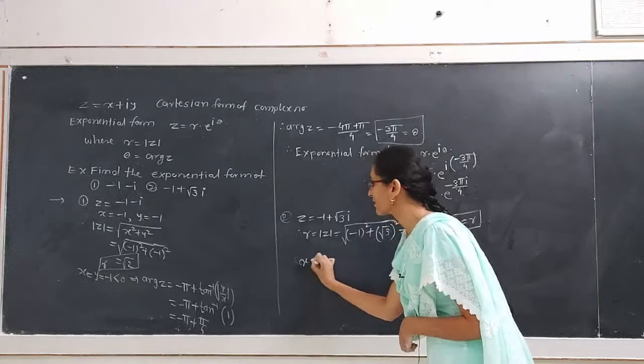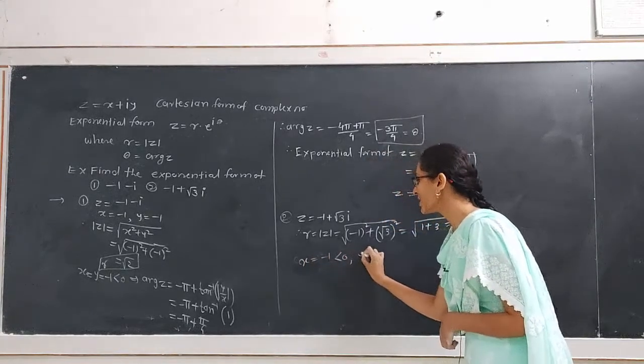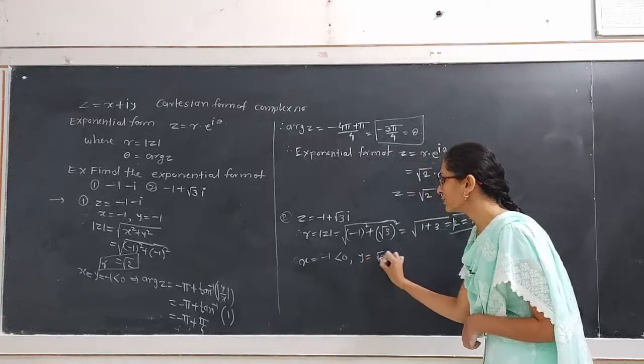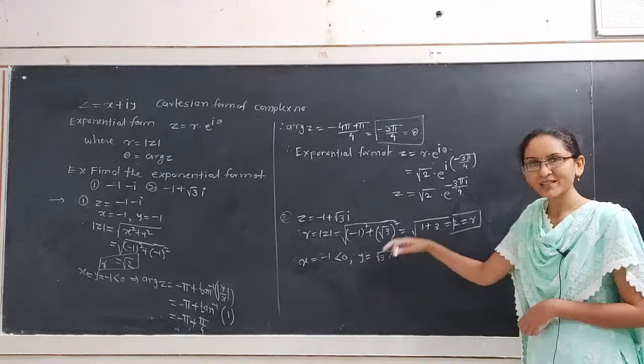Here, x, that means the real part of z, is -1, less than 0, and the imaginary part of z, y, is root 3, greater than 0. x is negative, y is positive. So this point is in the second quadrant.